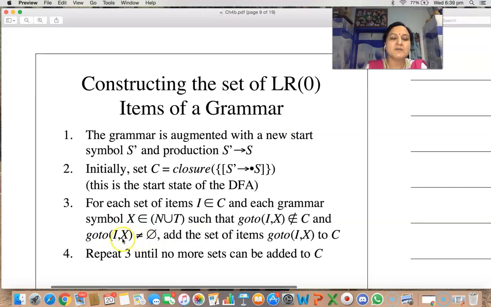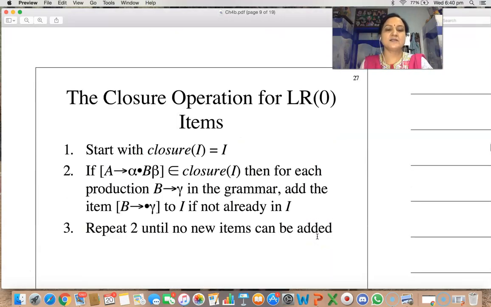And we may get some of the gotos as empty, because not on every grammar symbol from every state do we have a transition in the DFA. So whenever we do not have a transition on any of the states in the DFA, we will write goto I comma X equals phi, that is empty, and then add the set of items goto I comma X to C. We'll see all these things with an example, then things will be more clear.